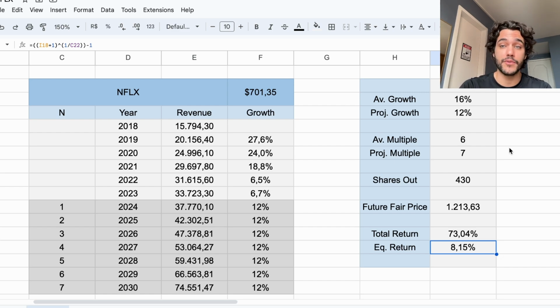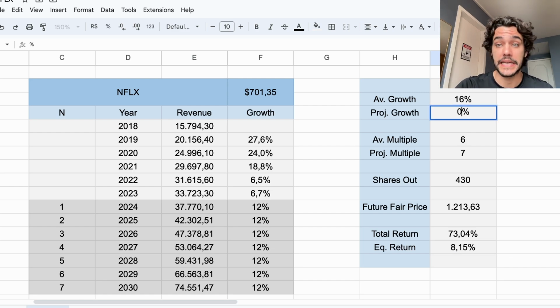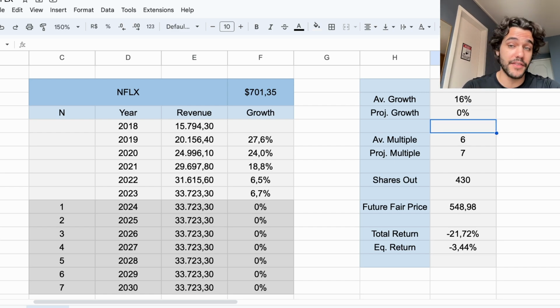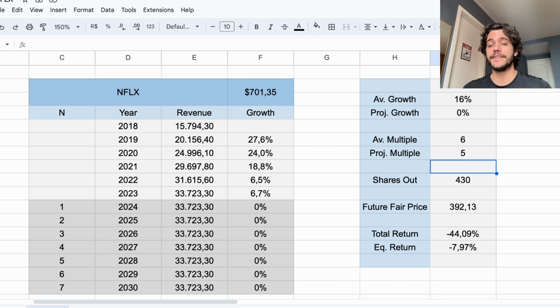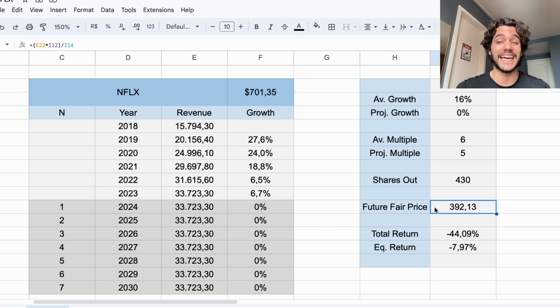So let's say they grow at 0% per year. And let's say that in the future, they will be trading for 5 times revenue. So in this case, Netflix future fair price would be $392. So this would be our future fair price according to these premises, according to these expectations.